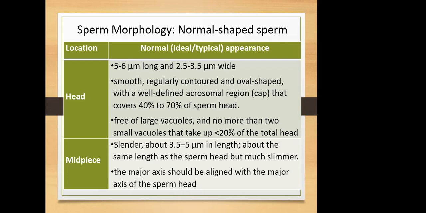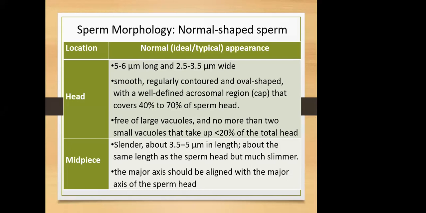So this one is from 3.5 up to 5. So it is closer to the head, but of course not the same size as the head. And so it means that the midpiece should be a little bit smaller than the head. That's all that is saying. So if you have the head size equal to the midpiece, then that's a problem.